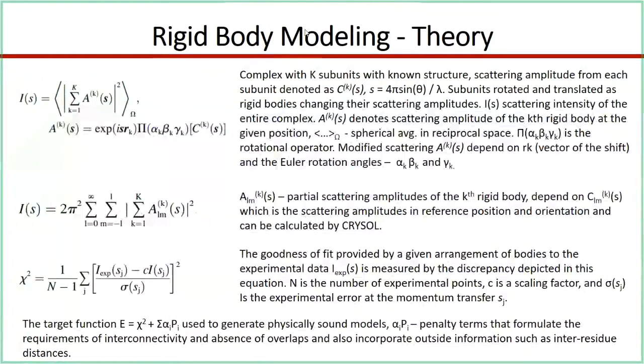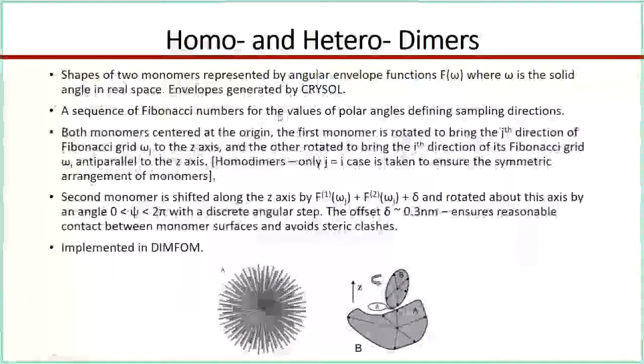So before I get to SASREF, there's a couple of legacy programs which are still available in the latest versions. These are basically slightly simpler approaches for rigid body modeling for homo and heterodimers. They're called brute force methods, and the algorithm depends on a search grid.